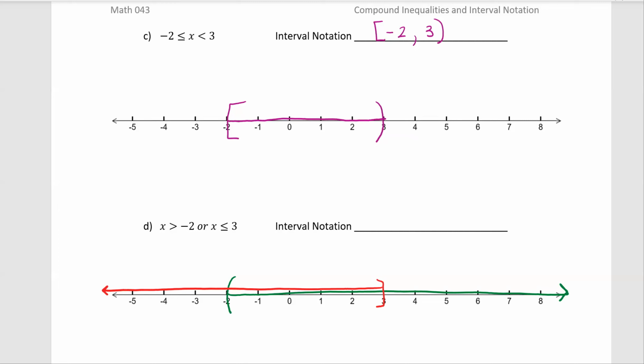An or statement means all possible answers. So we can clearly see that our number line is shaded end to end. So our answer is negative infinity to positive infinity. And we're going to get more into ors and ands here in just a second.